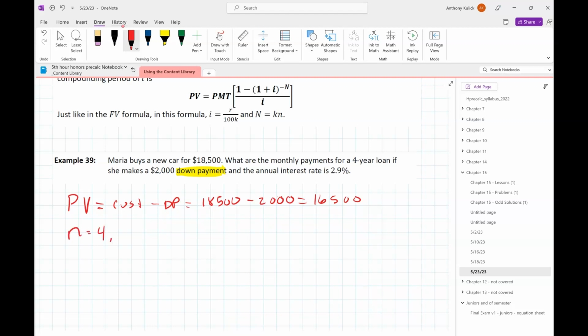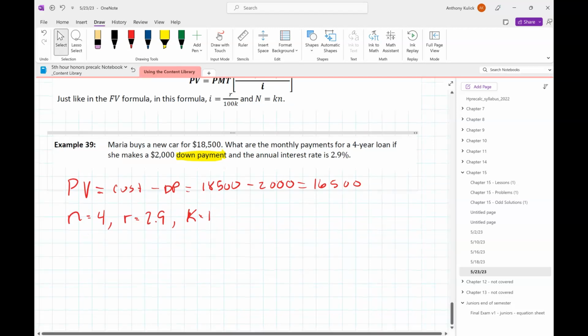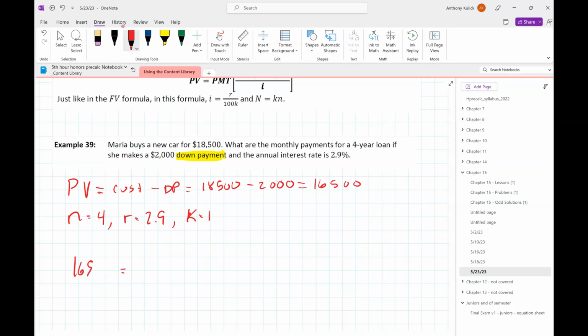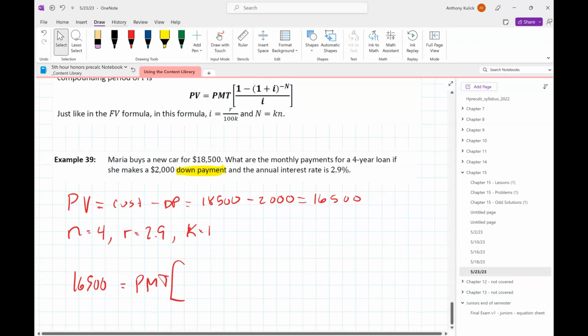Little n is 4. Interest rate is 2.9. K is 1. And let's rock and roll here. So I have $16,500. That's what I'm buying or borrowing. And then I have the PMT, which is what we're going to be finding.